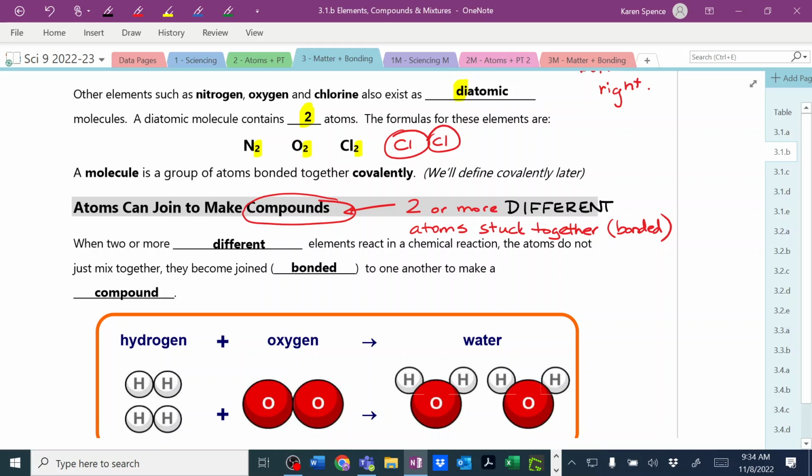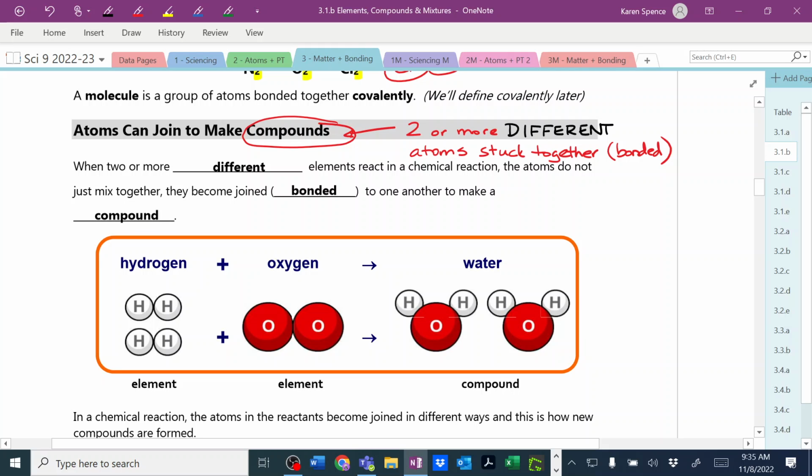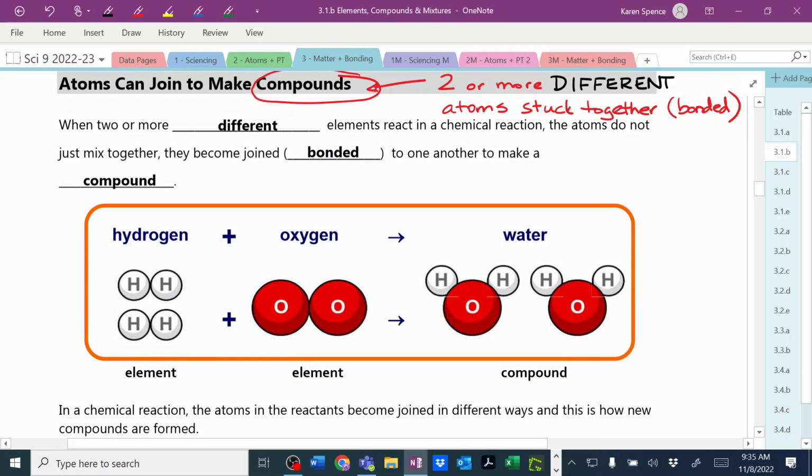So if we were to take some hydrogen and some oxygen and heat them together, we would get water vapor. Hydrogen is an element. We combine it with oxygen, which is another element. And now we have different elements in the same molecule, and that's what makes it a compound.